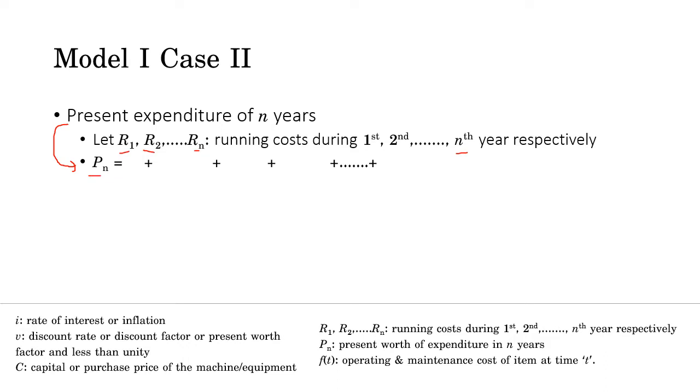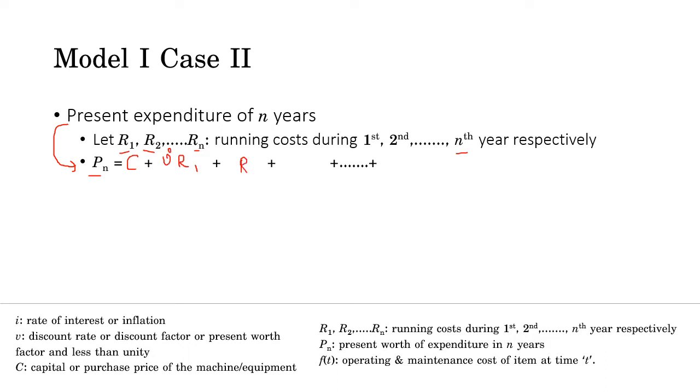First of all, the capital cost of the machine, C, plus R1, the running cost of the machine during the first year, and as R1 is the running cost during the first year, there will be no discount on it. So this will simply be R1 times v raised to 0.